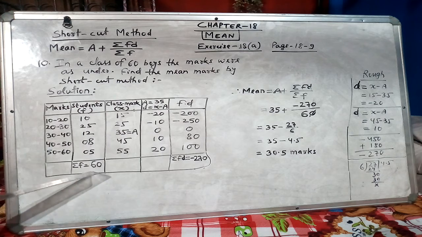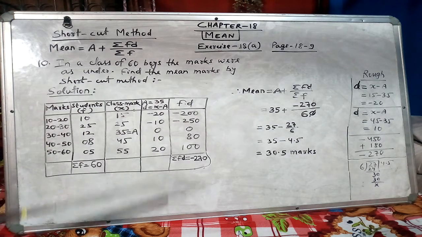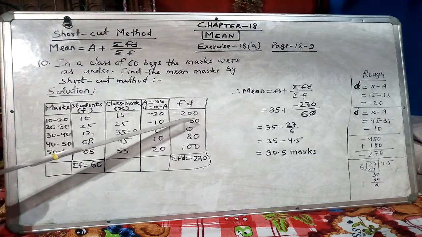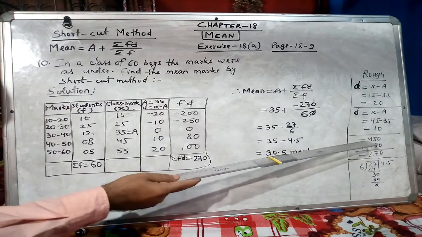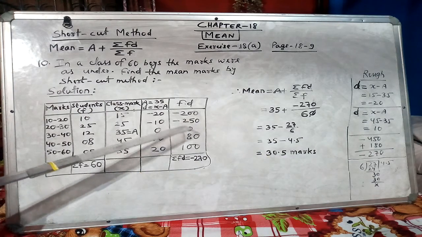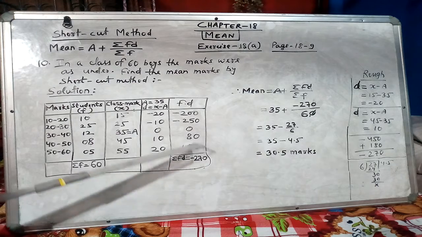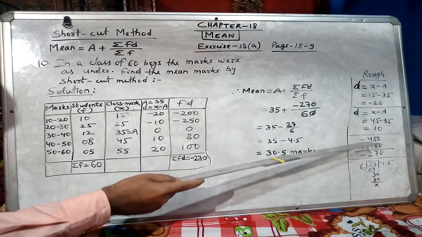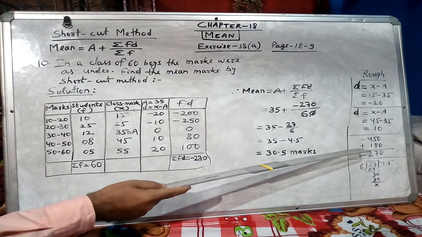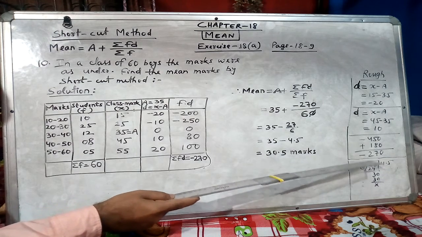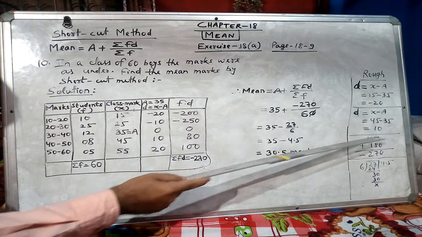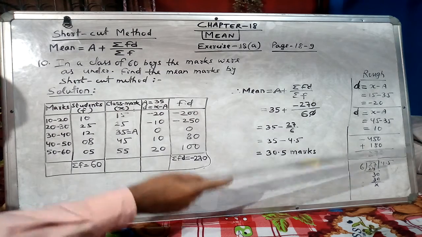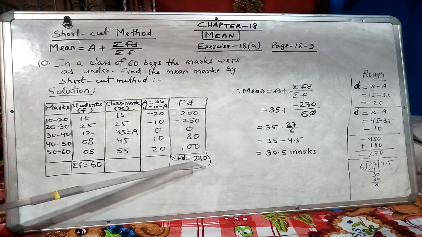The f column gives 60. For the fd column, we add the negatives: minus 200 minus 250 is minus 450, and 80 plus 100 is 180. The negative number is larger and the positive number is smaller, so our final result is 450 minus 180, which is minus 270. That I wrote here.